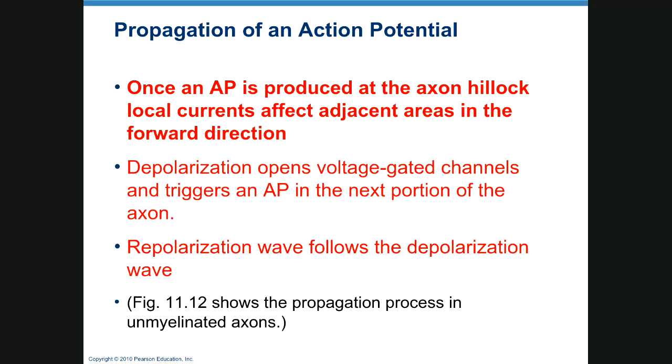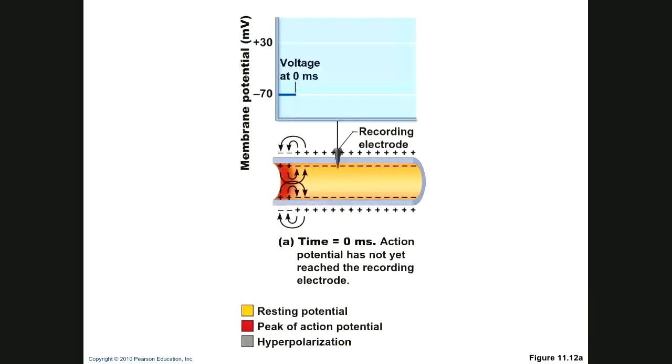Okay, so once an action potential is produced at the axon hillock, currents of these positive charges are going to affect adjacent areas, and the action potential always travels down the axon in one direction. So here's the action potential that is being created, and it's traveling to the next area.